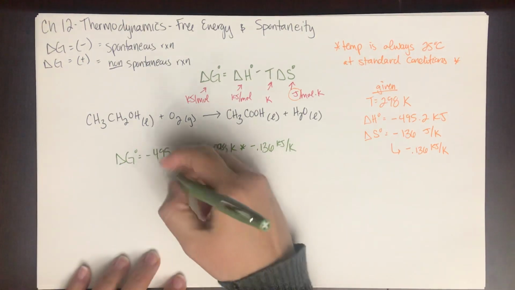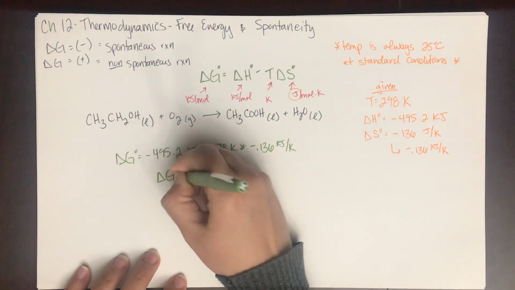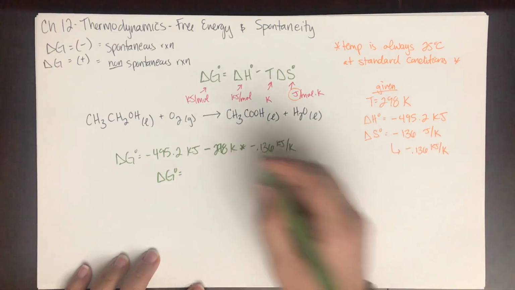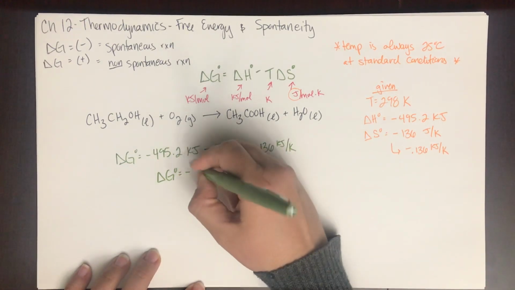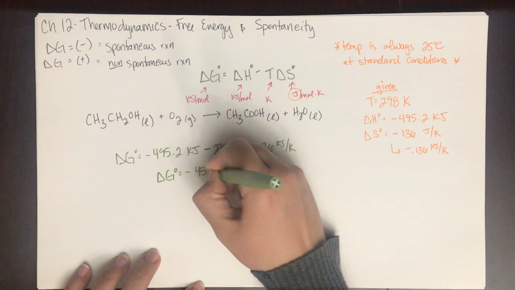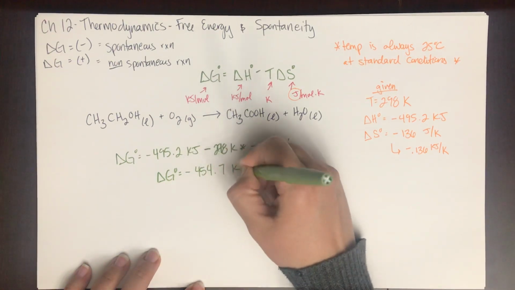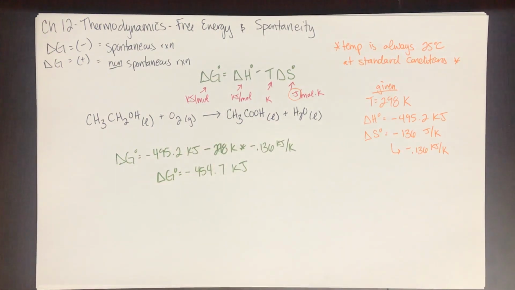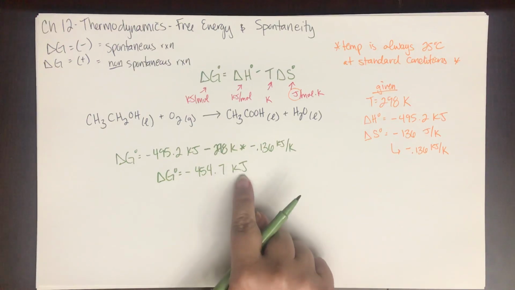And this is going to give me delta G, the standard free energy of this reaction, is negative 454.7 kilojoules. You'll see delta G either given in kilojoules or kilojoules per mole.